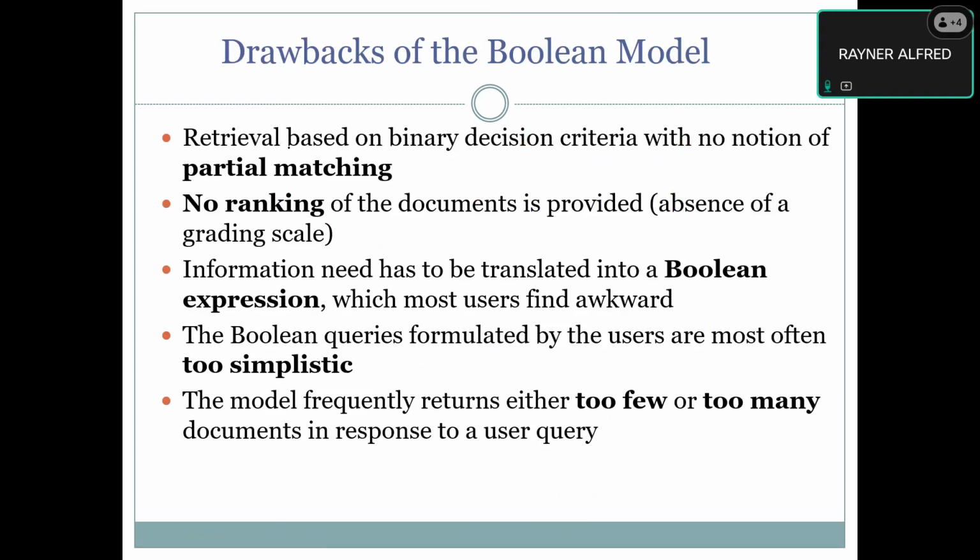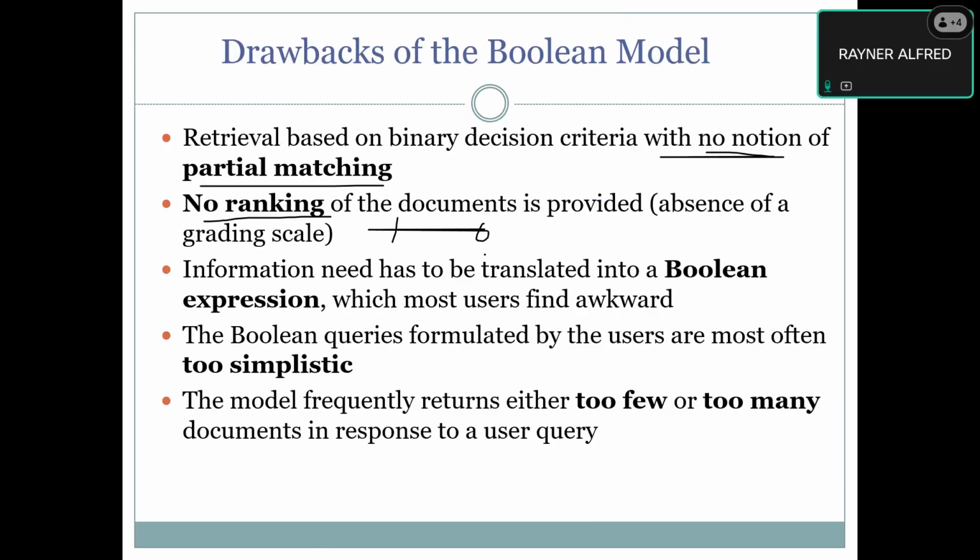So when we say we are using the Boolean model, it is retrieval based on binary decision criteria with no notion of partial matching, because we want exact matching of the binary pattern. So no ranking can be performed because we only have 1 or 0.